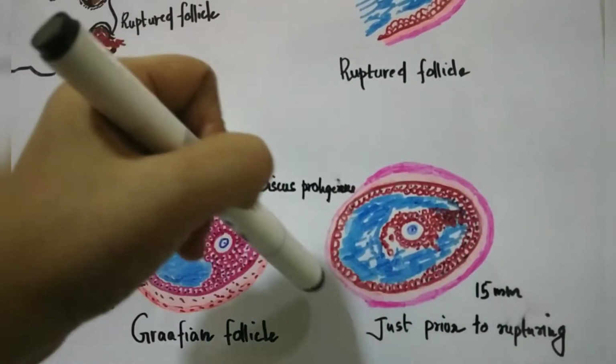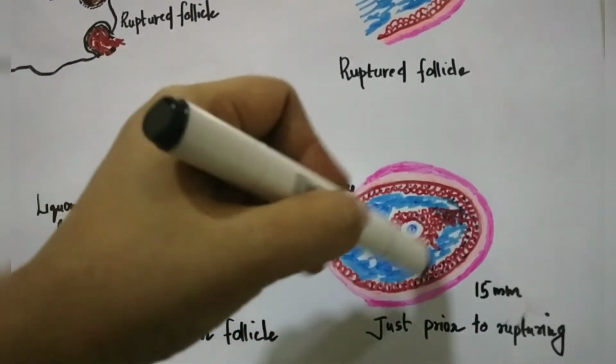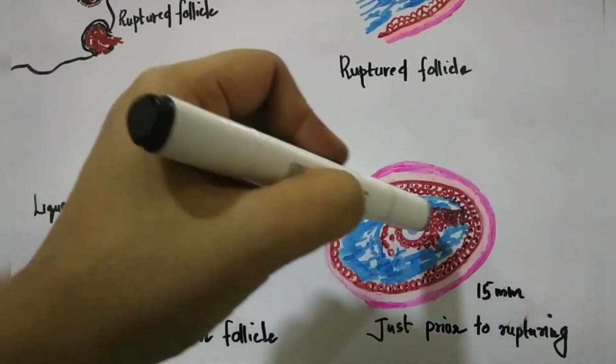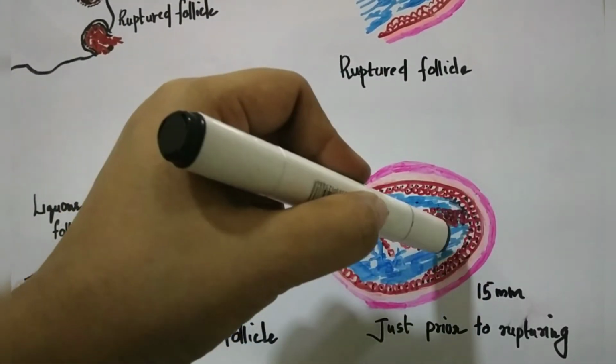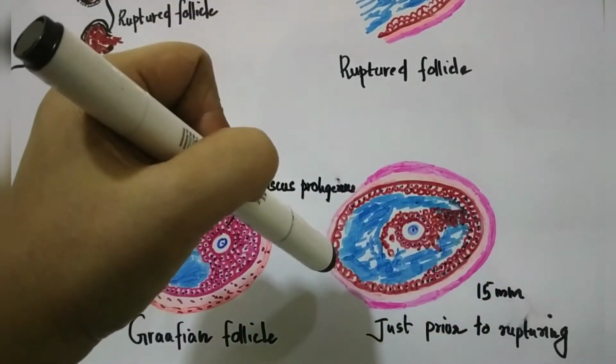Here you can see the granulosa cells getting loosened. The follicular antrum is becoming bigger and bigger, and the cells that attach the oocyte to the wall are getting detached.